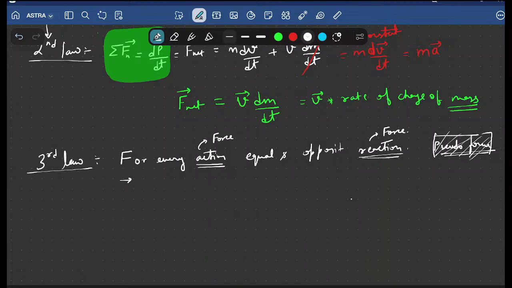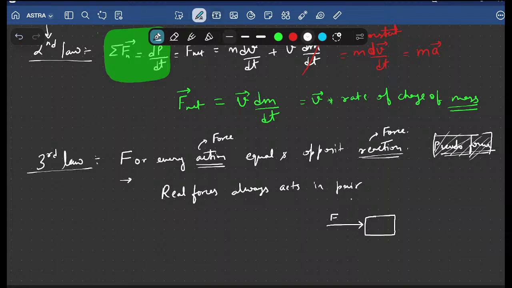But you should understand always that real forces always act in pairs. So what is action? If there is a block and you apply some force, I call it action.